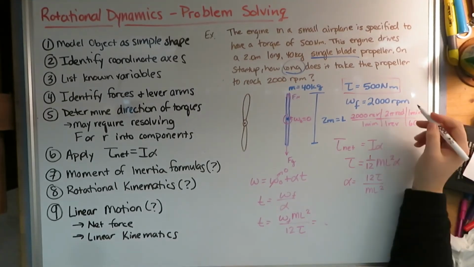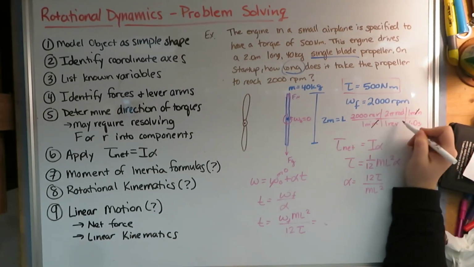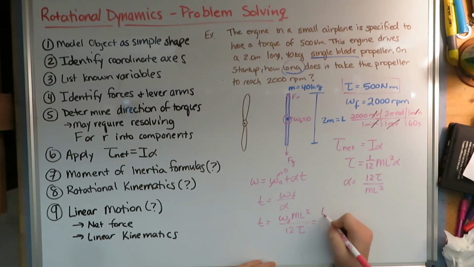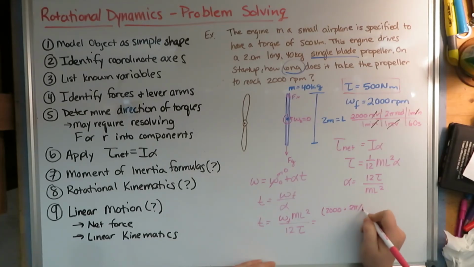So let's see. Minutes cancels minutes. Revs cancels revs. So that's radians per second. So that's right. So omega F is going to end up being 2,000 times 2 pi divided by 60 radians per second.